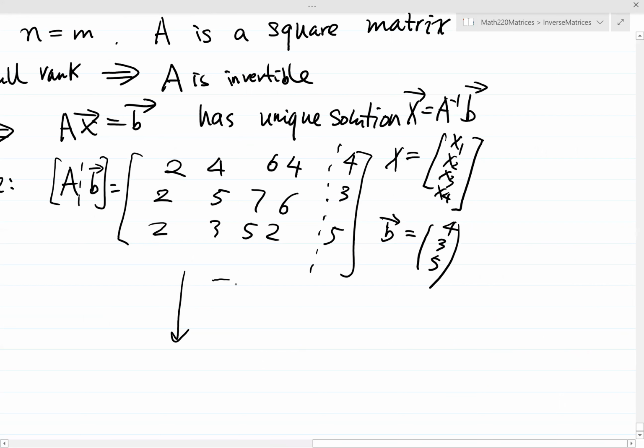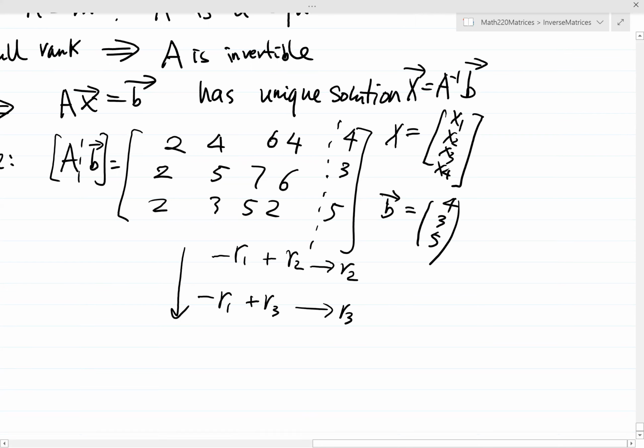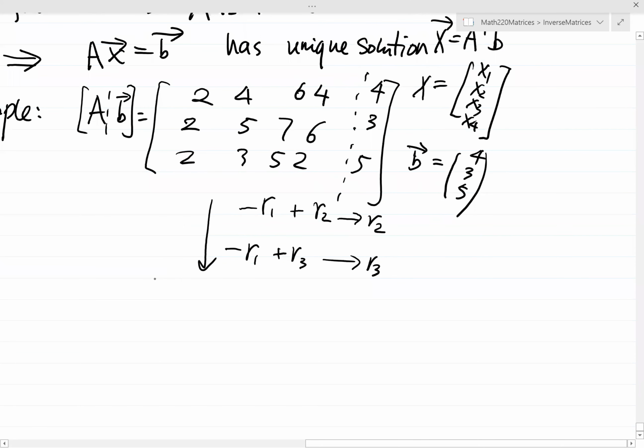We use row 1 multiplied by negative 1 to cancel the first entry in row 2 and row 3. Replace row 2. Multiply row 1 by negative 1, add to row 3, and replace row 3. So we get the new augmented matrix. This gives 2, 0, 0 and then 4. The first row is fixed.